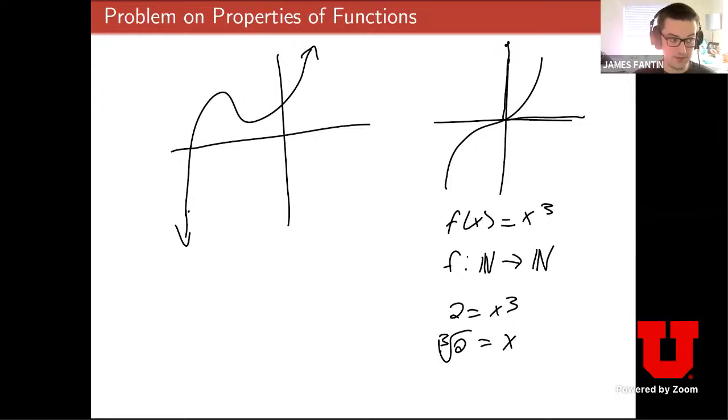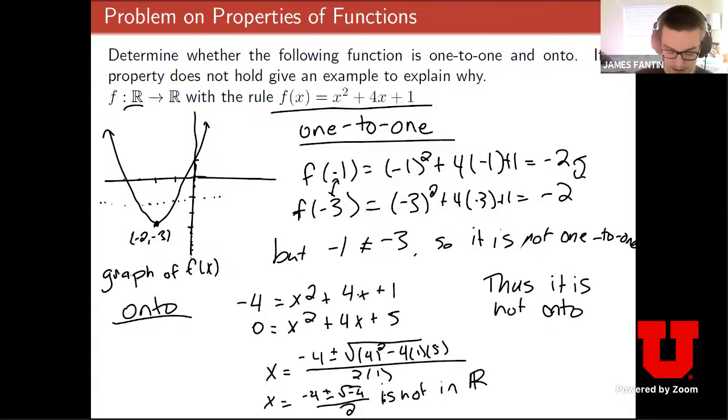The other important thing to remember about onto is that it's more a property about your codomain rather than a property about the function itself.